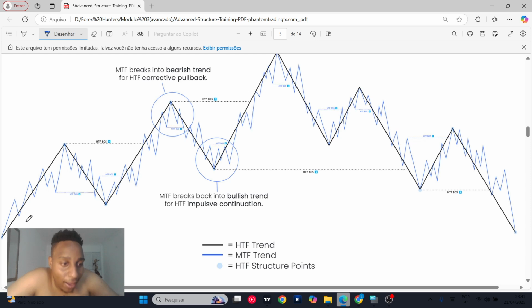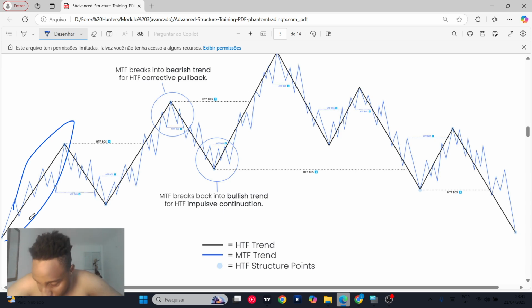So while in the higher time frame trend we make an impulsive move, in the mid time frame we are making a trend. An impulsive move in a high time frame is a trend in the mid time frame, like in the lower time frame. Understand this? And the correction is also a trend in the lower time frame.